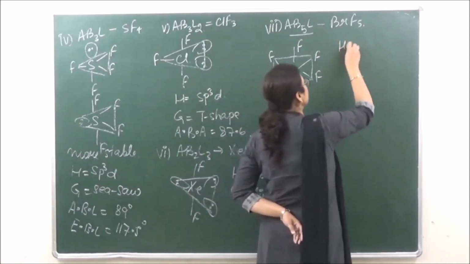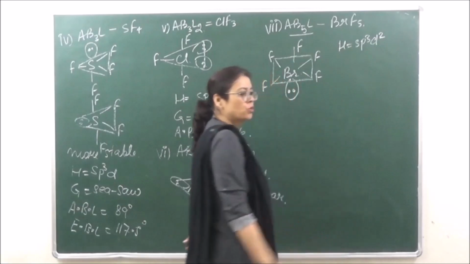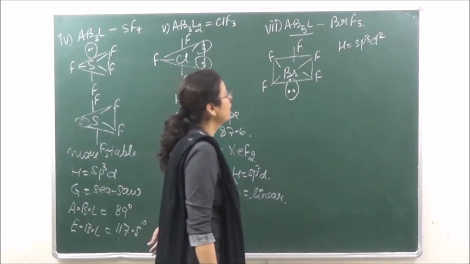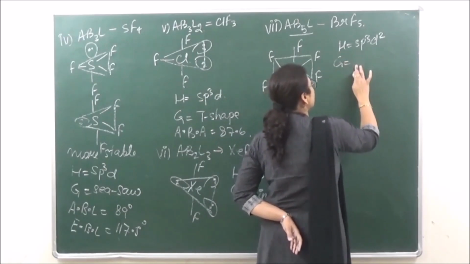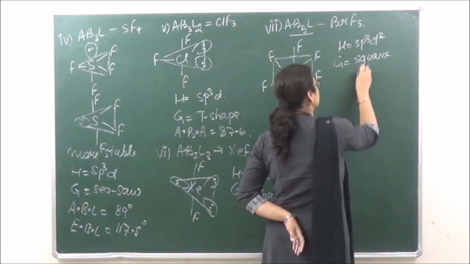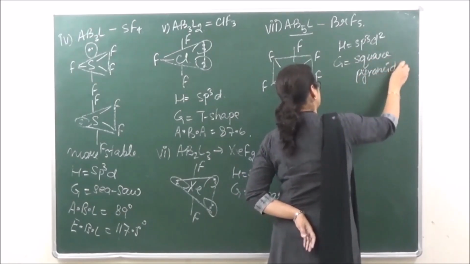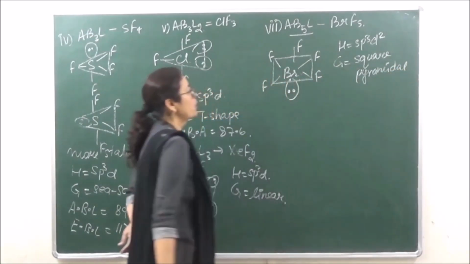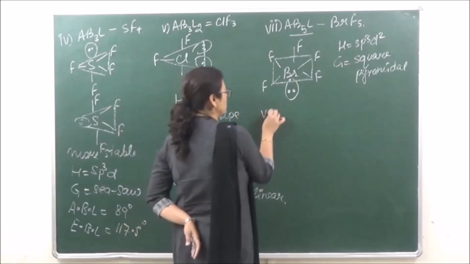Hybridization, sp3d2, okay, and the geometry is square pyramidal. Square pyramidal.